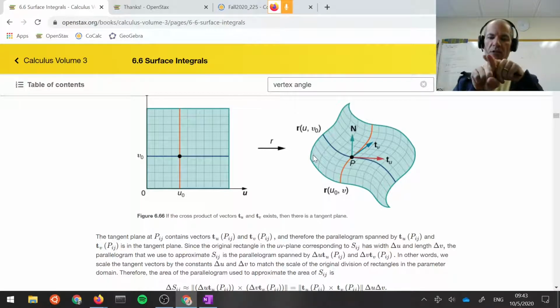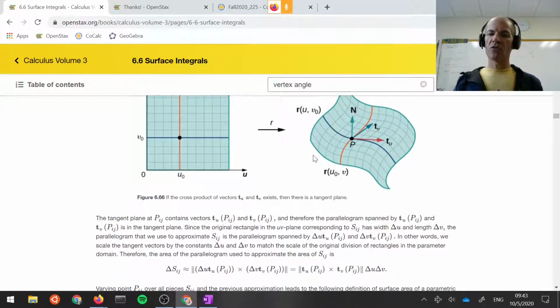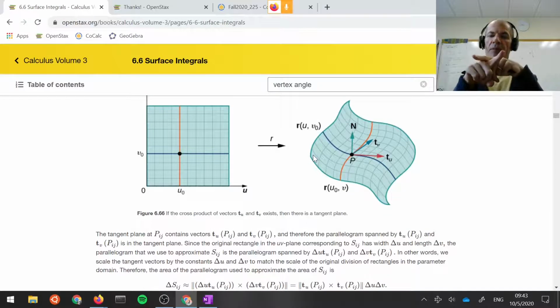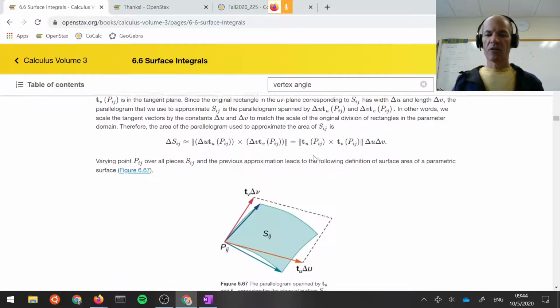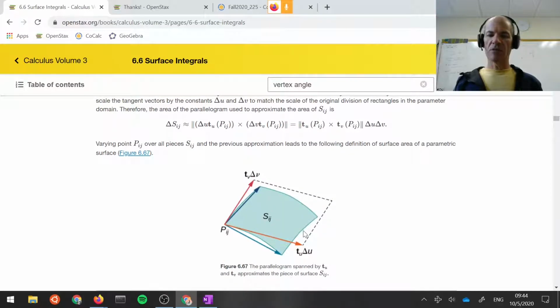If we take the cross product of those tangent vectors, we get a normal vector, and the magnitude of the cross product is the area of the parallelogram described by the two tangent vectors. It turns out that parallelogram is a very good approximation of this tiny patch of surface.